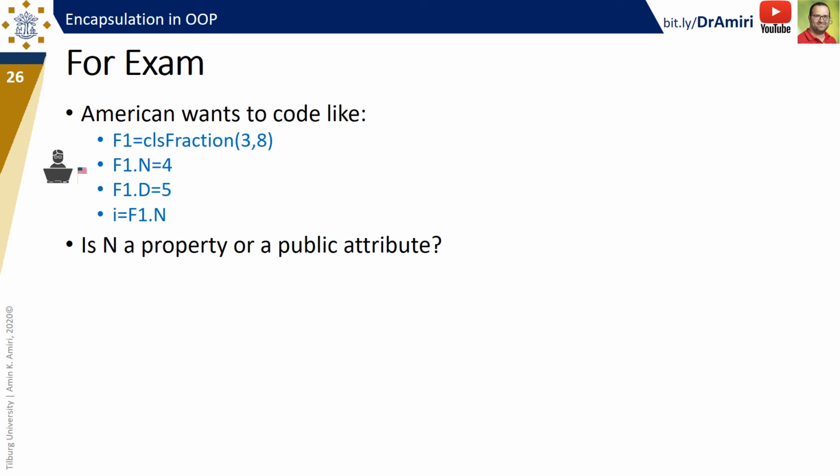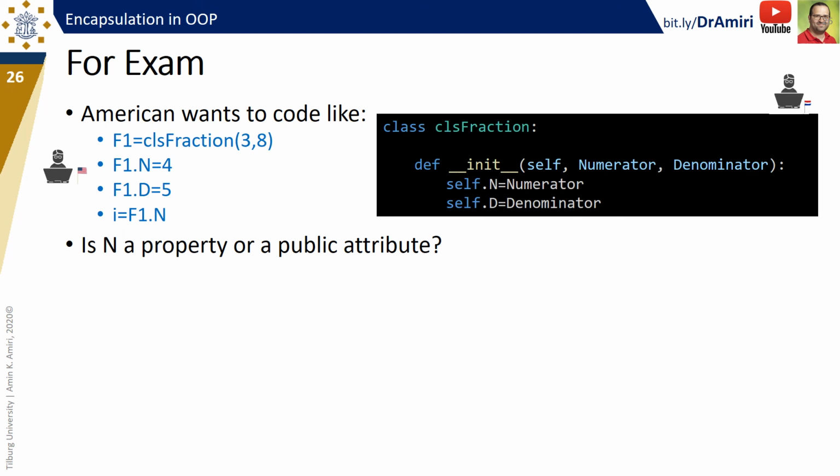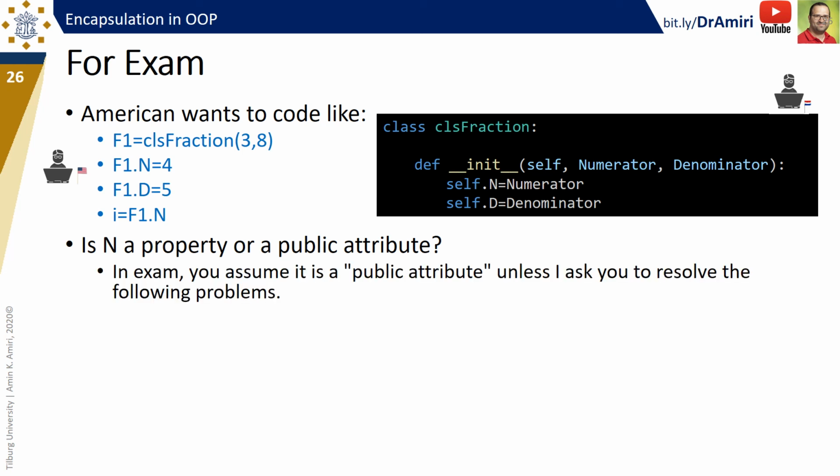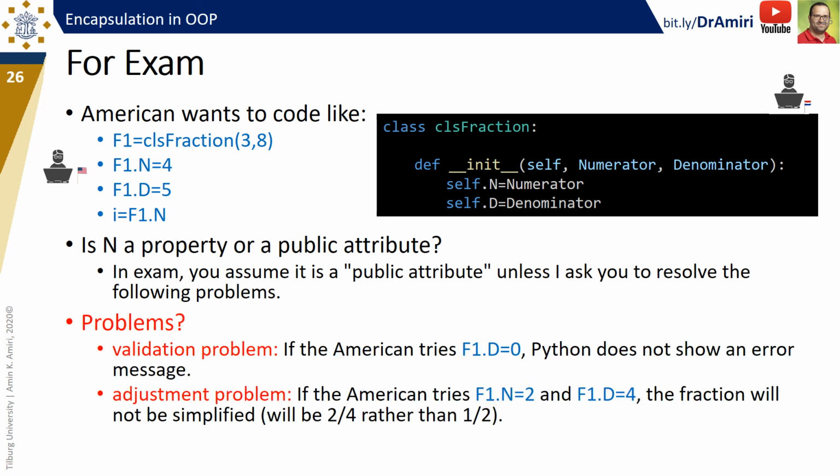So your assumption in the exam should be that it's always a public attribute, because you need to be as fast as possible during the exam. However, if in the text of the code I ask you to resolve problems, for example, validation problems or adjustment problems, then you have to use a property here.